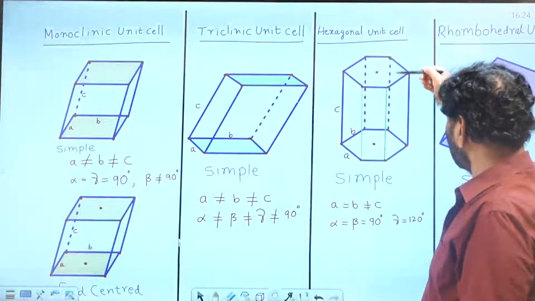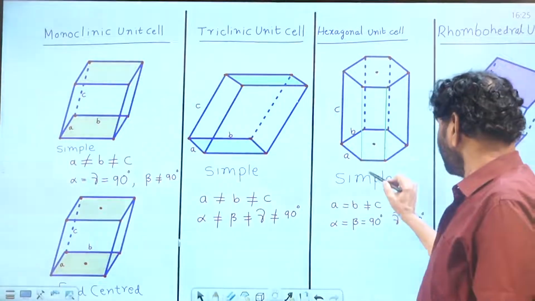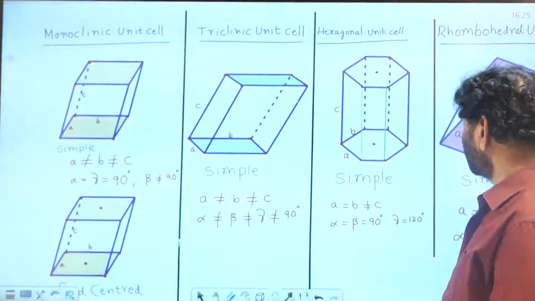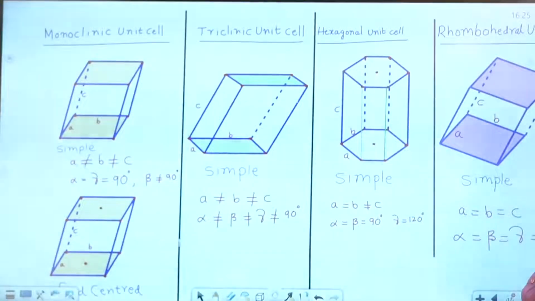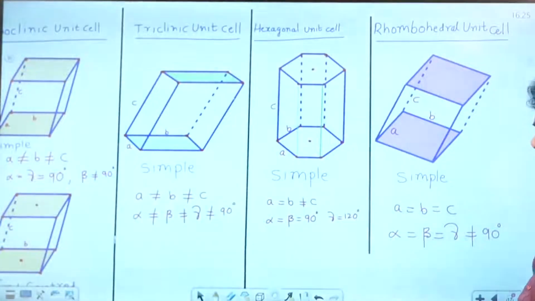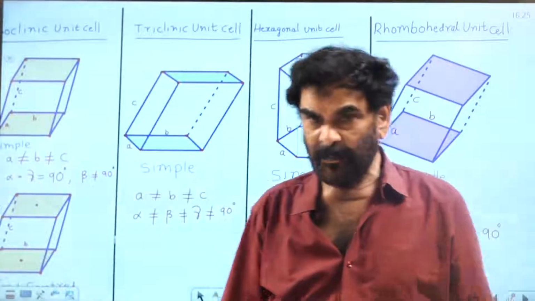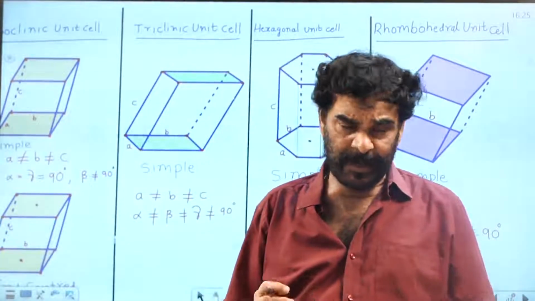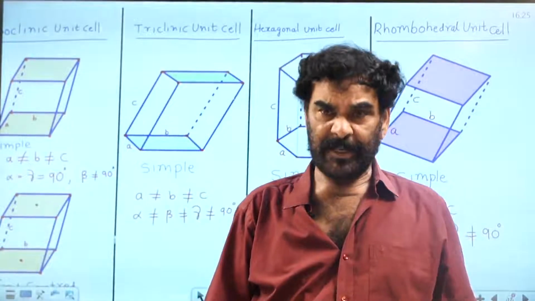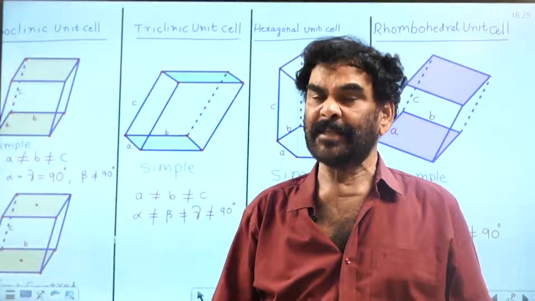The hexagonal unit cell is a special unit cell, and only 1, simple hexagonal, is possible. For rhombohedral also only 1 is possible. So in total 14 crystal systems are possible, taking the cell parameters and the location of the lattice points into consideration.